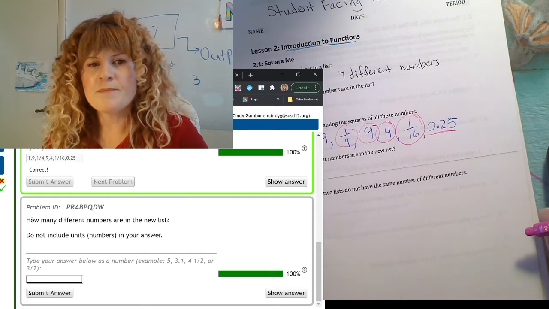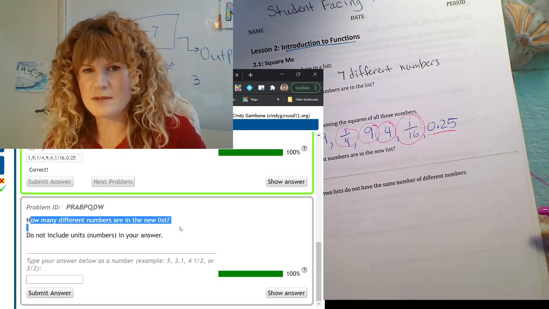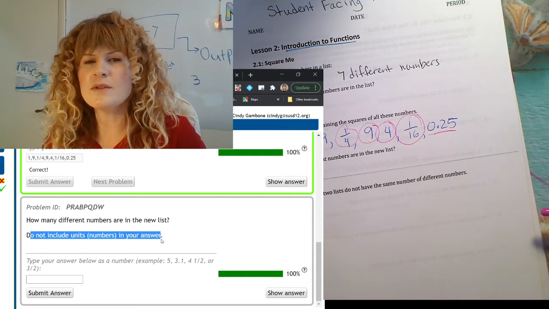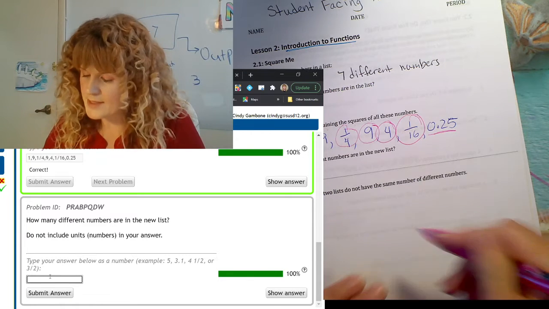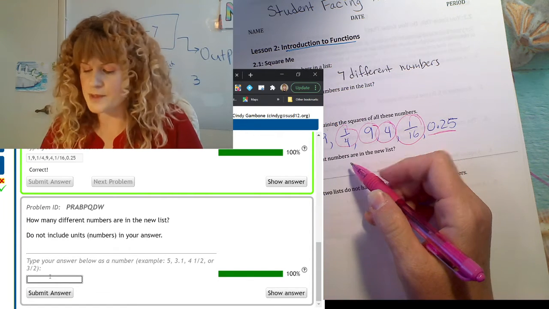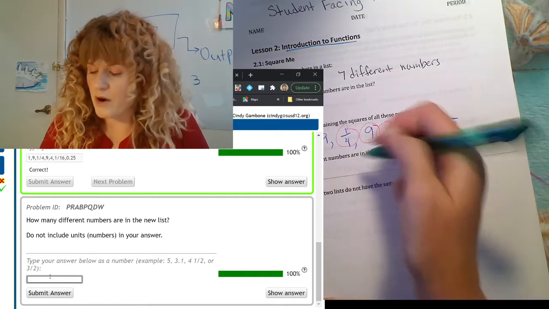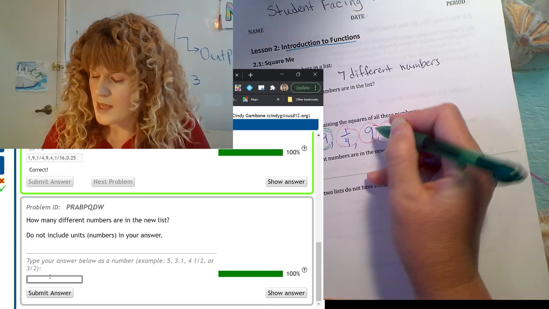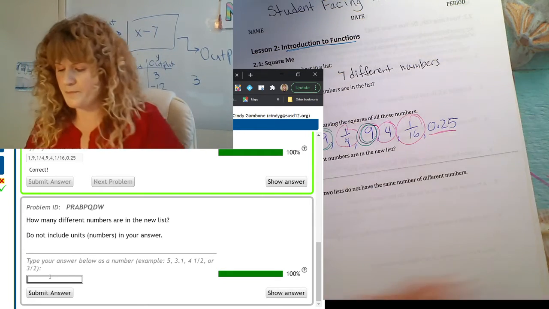Now it asks, how many different numbers are on the new list? Do not include the units in your answer. Okay, let's count how many different numbers. By the way, I already see that there are 2 repeated numbers. 9 and 9 are repeated.